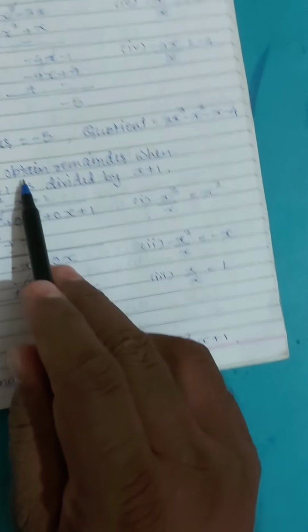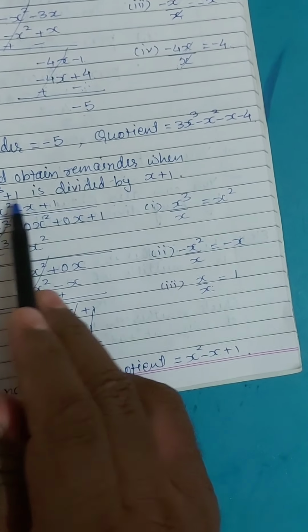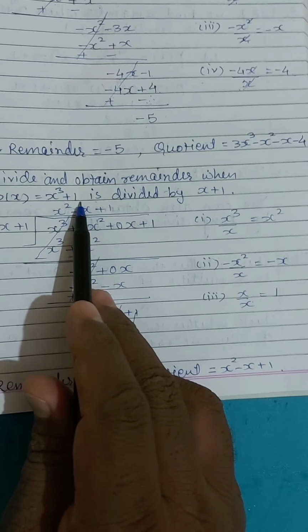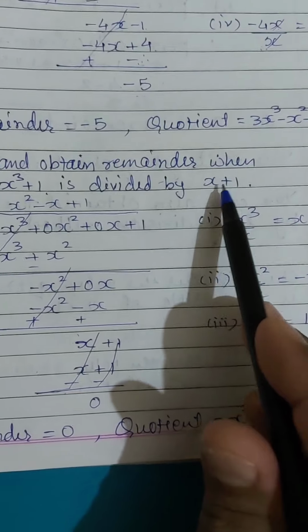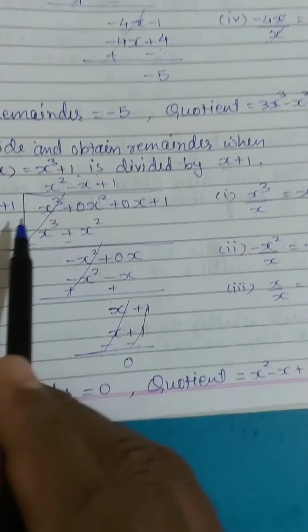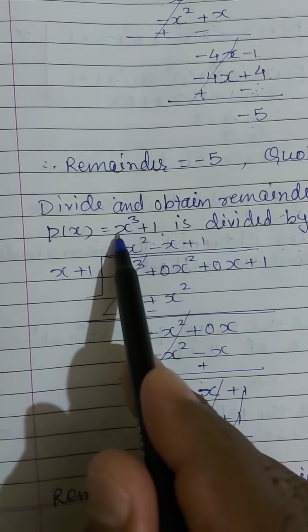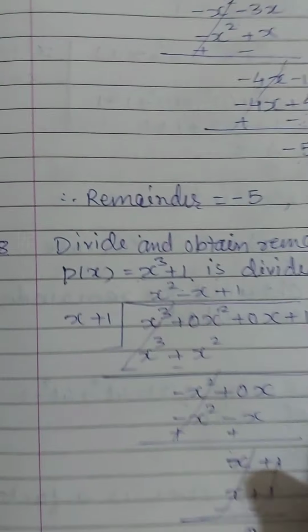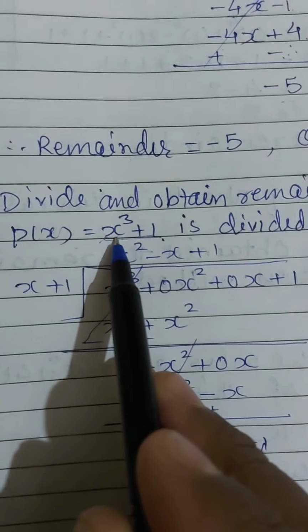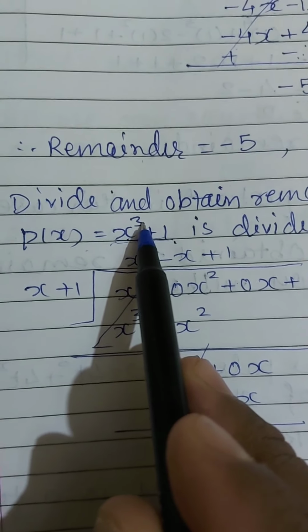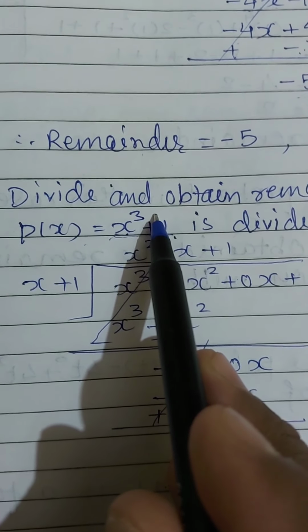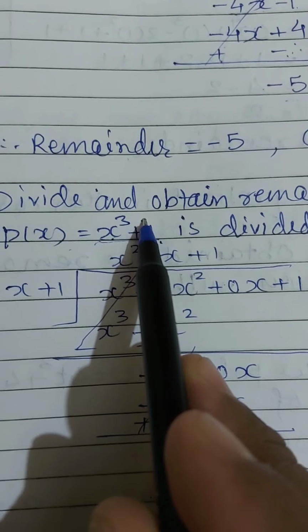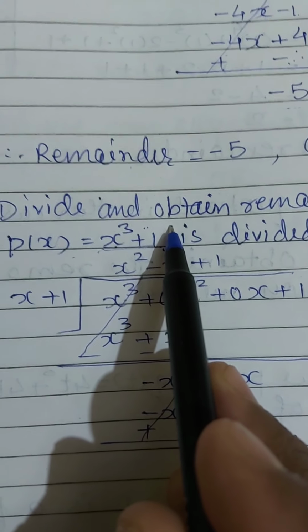Okay, exercise 8. Divide and obtain the remainder when p(x), that is x cube plus 1, is divided by x plus 1. Here x cube plus 1 is your dividend polynomial and x plus 1 is your divisor polynomial. Here you can check x cube, but no term containing x square and no term containing x is present.